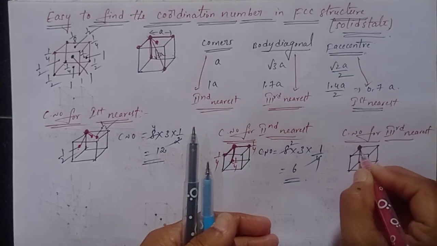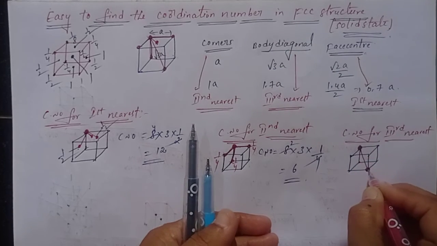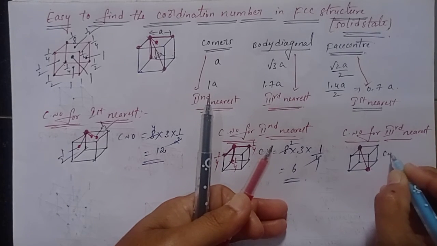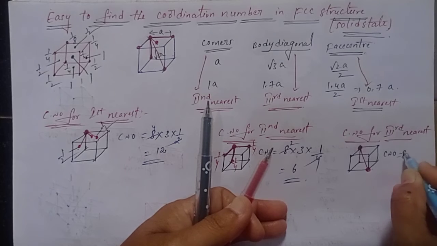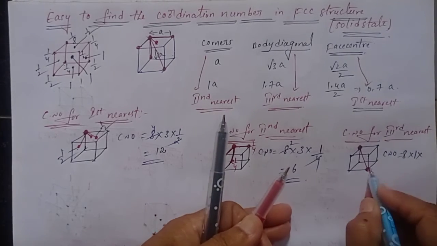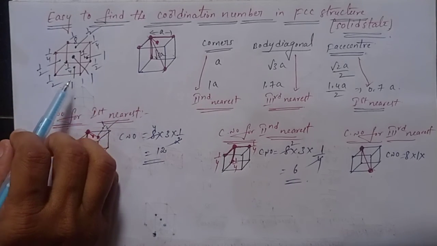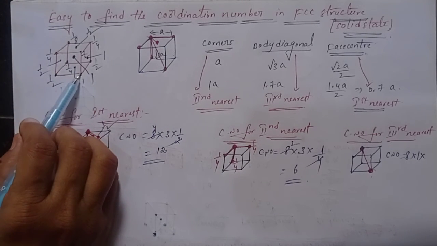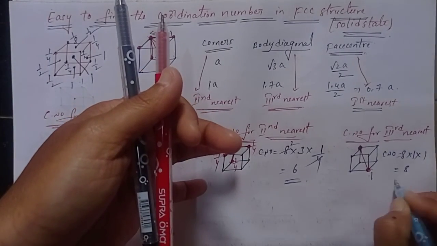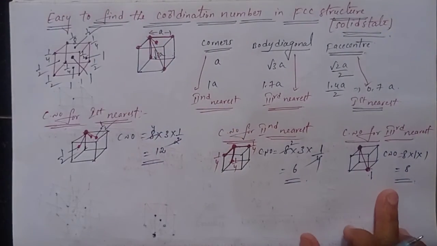So in a cubic unit cell, only one body diagonal particle is possible, students. So only one particle will be there. So coordination number is equal to total 8 corners, and each is in touch with one body diagonal particle, and this particle's contribution is how much, students? Body diagonal particle contribution is 1. So the value you have to take is 1. 8 ones are 8. Clear? This is the third nearest, students.